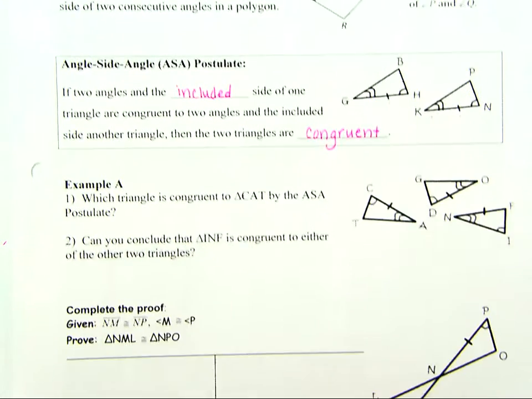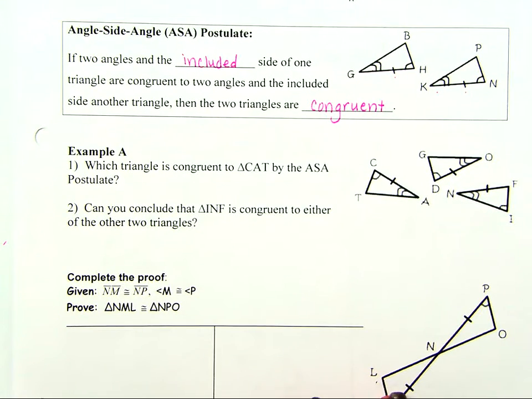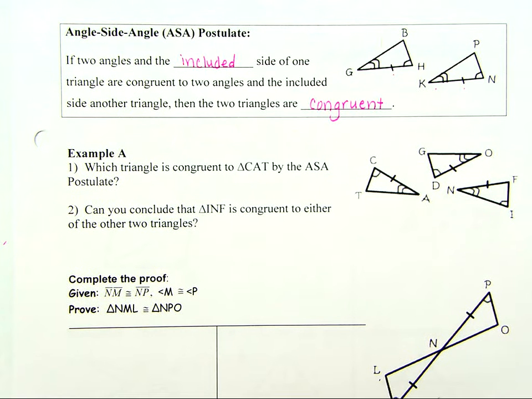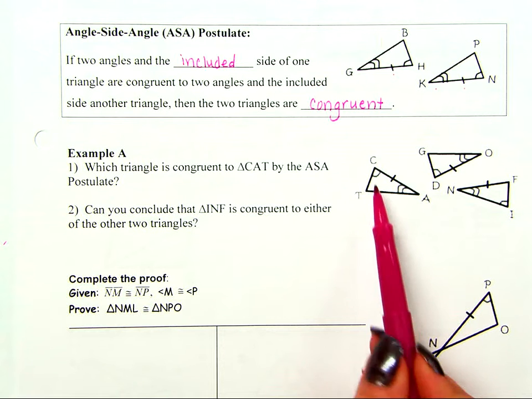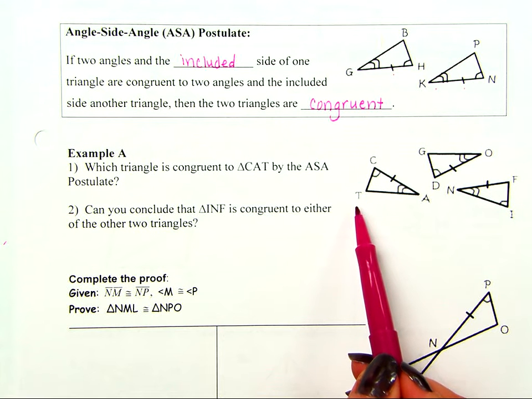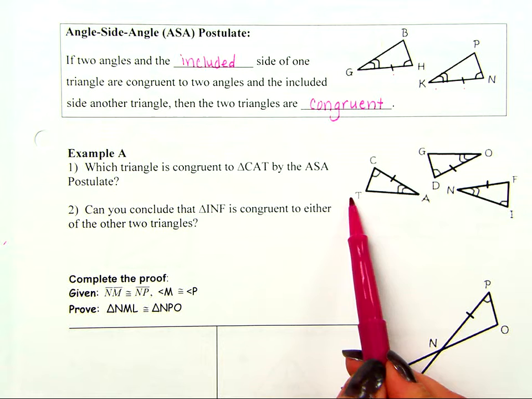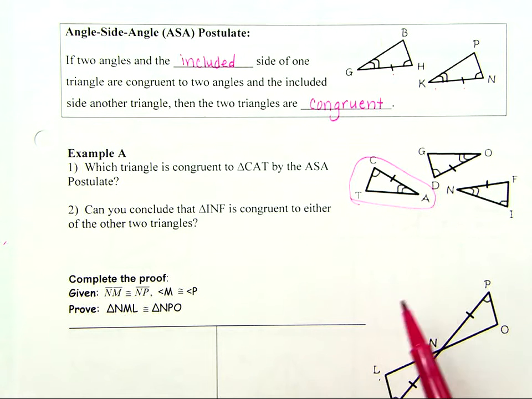Looking at example A, when they ask me about the triangles which triangle would be congruent to triangle CAT by the ASA shortcut or ASA postulate, I find my triangle CAT, angle side angle. I'm wondering which one would be congruent to that one.